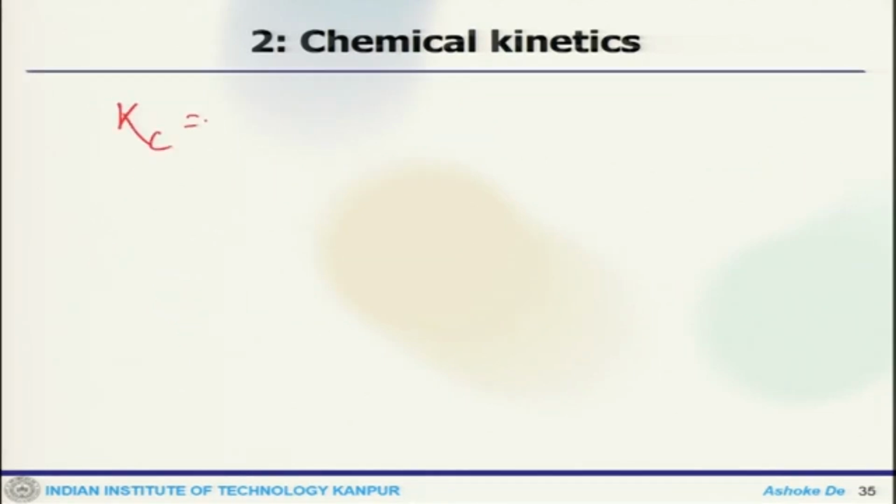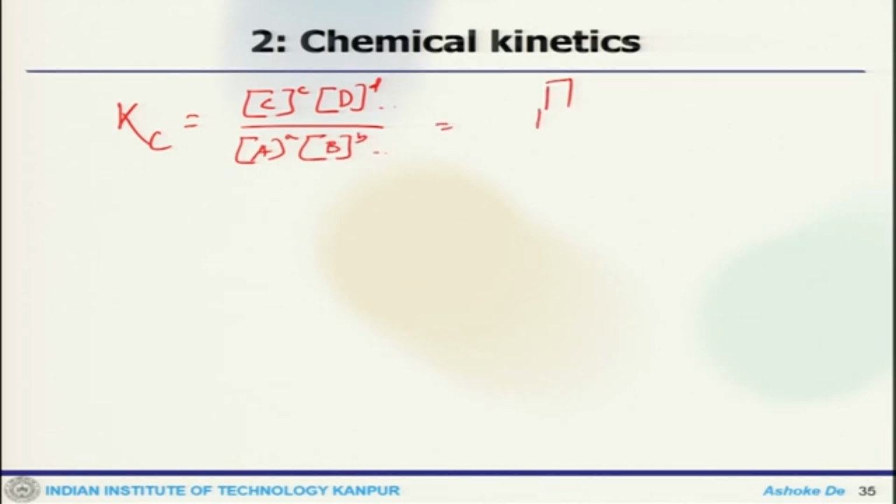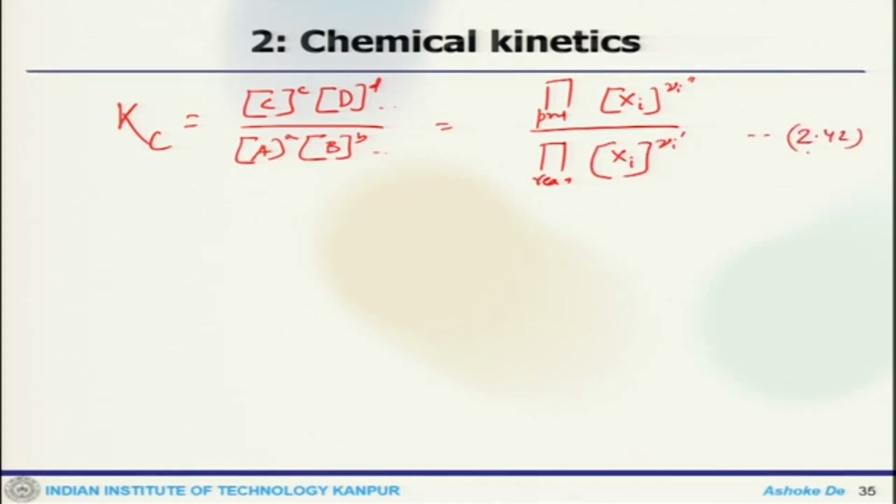So, the Kc is [C]^c [D]^d divided by [A]^a [B]^b, which is product of the products divided by product of the reactants, where Xi is this. So, 2.42.